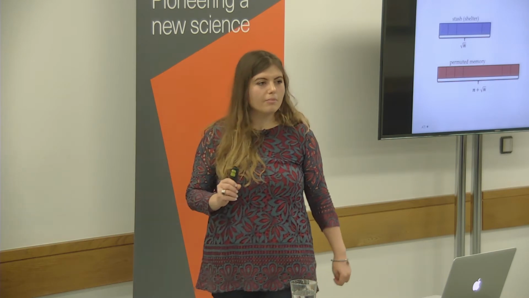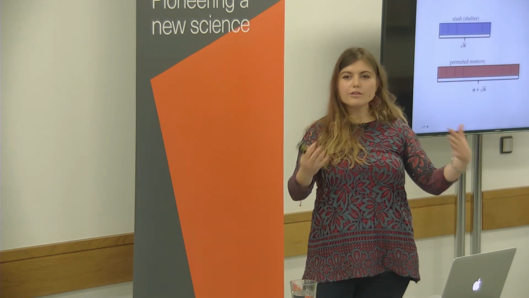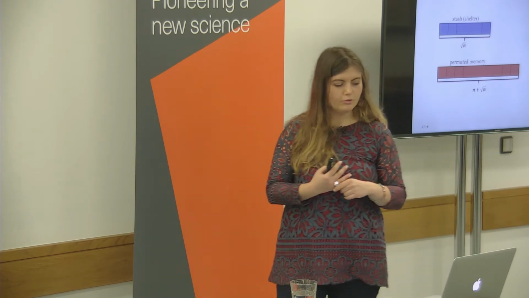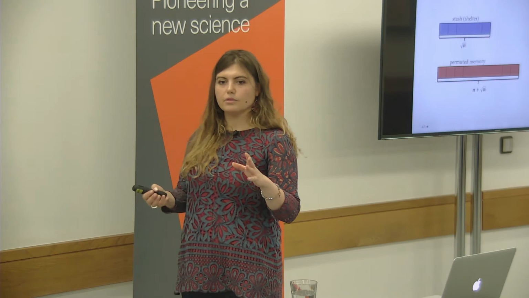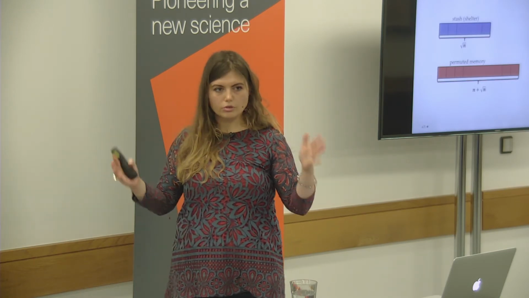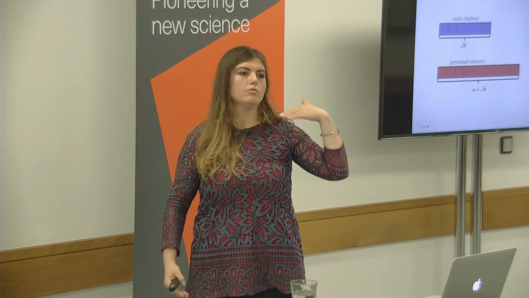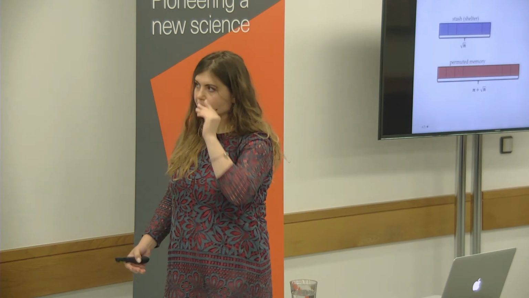So before we start with our construction, let me remind you of, or introduce to you, the square root solution of Goldreich and Ostrovsky. Again, the goal is to construct a solution that stores data into memory, accesses it in sublinear time, and hides the access pattern.